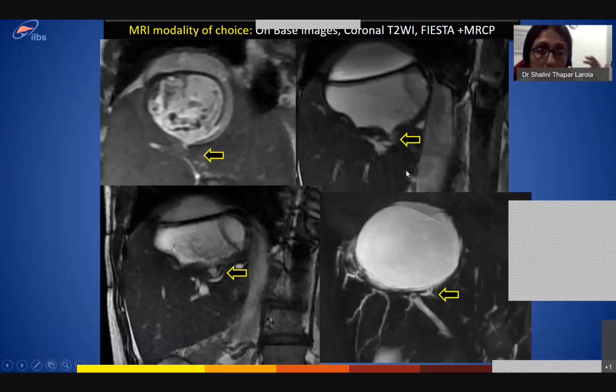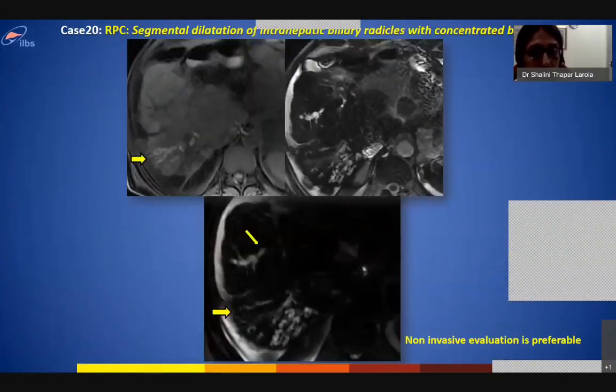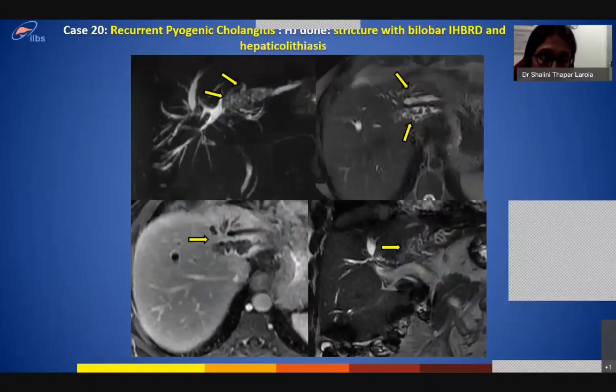Something about the DIPS procedure. Okay, so intrahepatic portosystemic shunt, like I said, there is a transjugular and then there is a direct. So instead of going by the transjugular route, you will do a direct intrahepatic portosystemic shunt. That means you go straight away percutaneously. It is usually done in children.